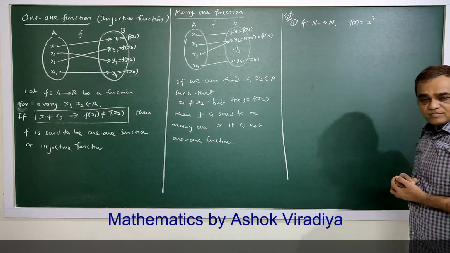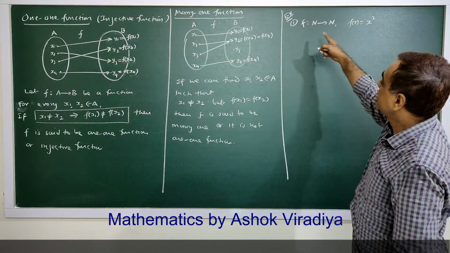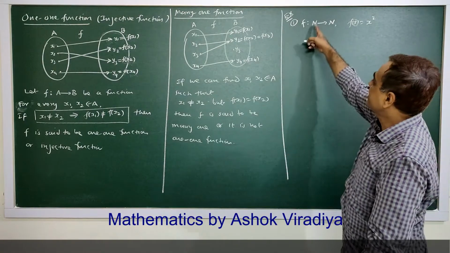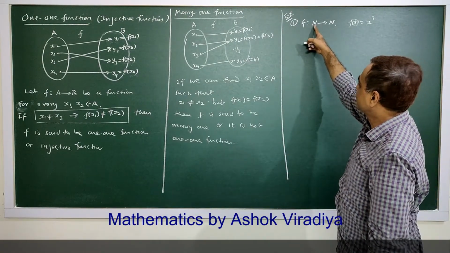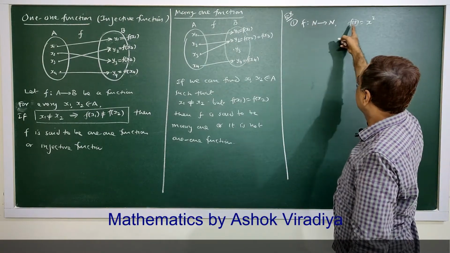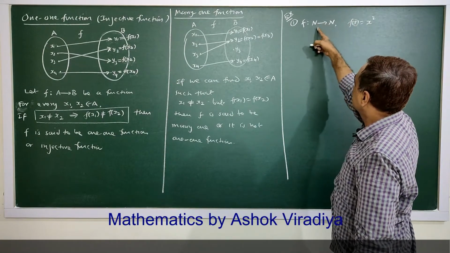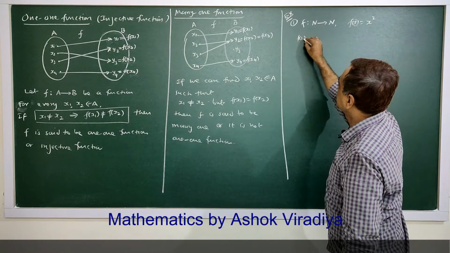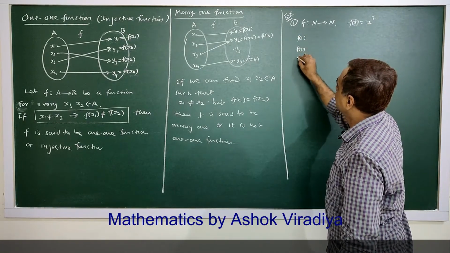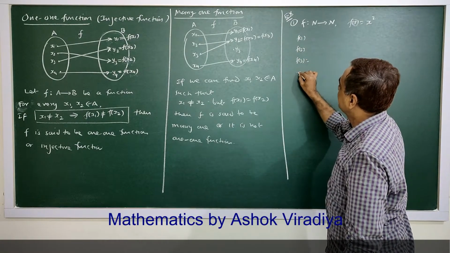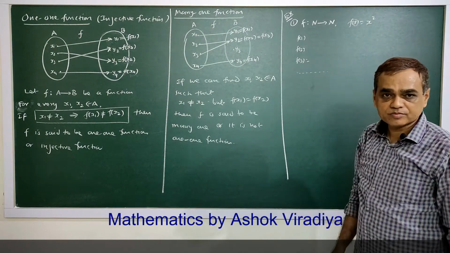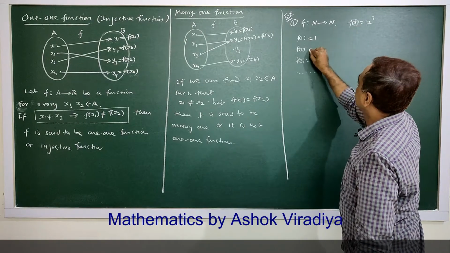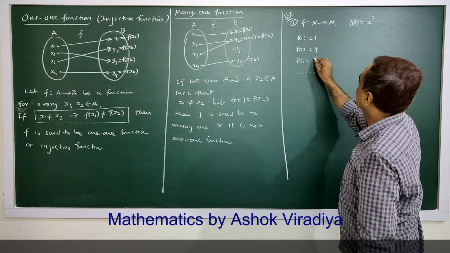The domain is N, so only natural numbers are allowed. We can put 1, we can put 2, we can put 3, and continue. The image of 1 is 1, the image of 2 is 4, the image of 3 is 9.